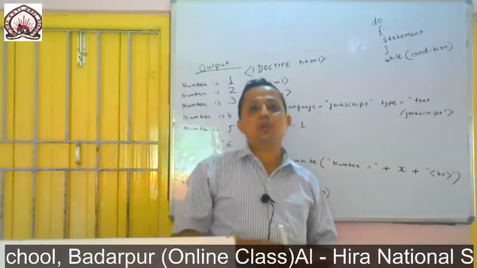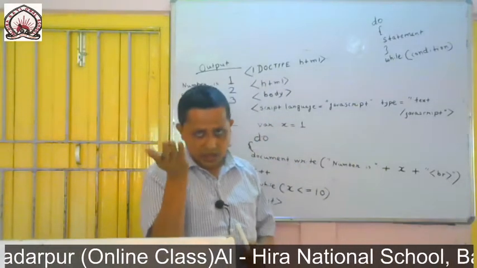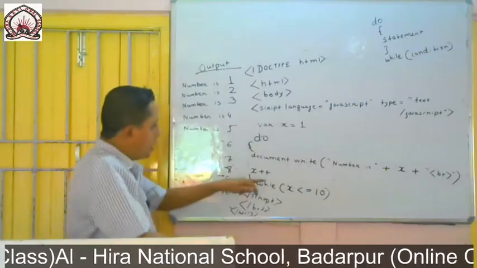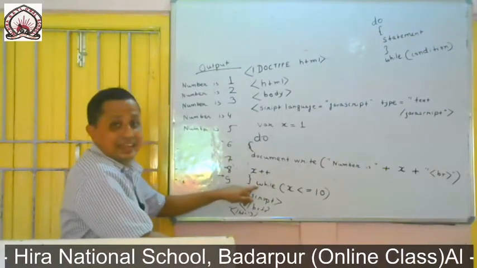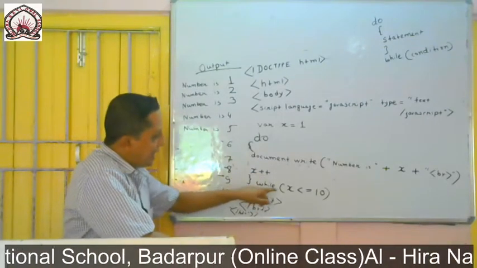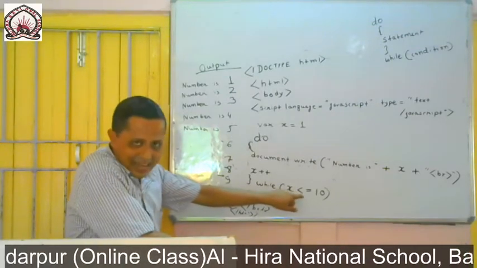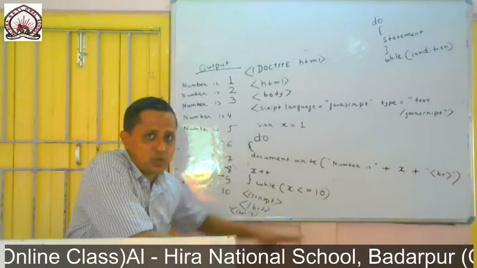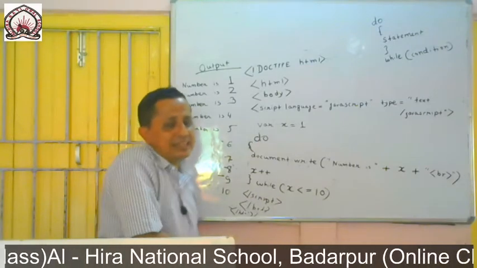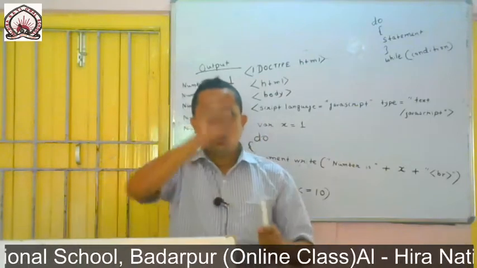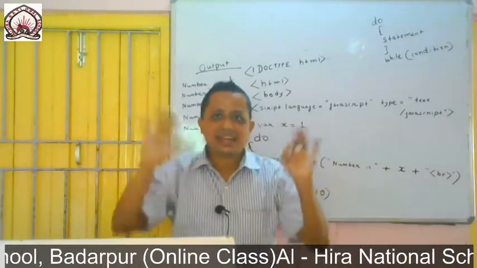So the last value of x was 1, x plus plus, it will become 2. Now it is checking whether 2 is less than equal to 10. So it is true or false? 2 is less than or equal to 10, so it is true, because 2 is less than 10.